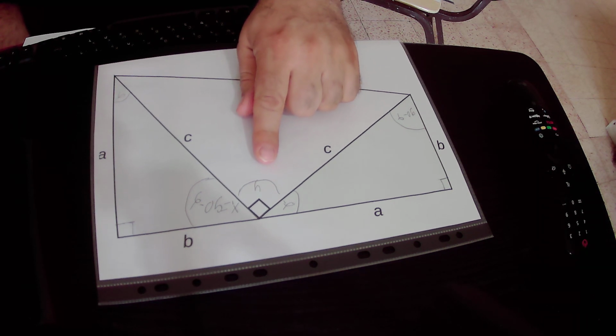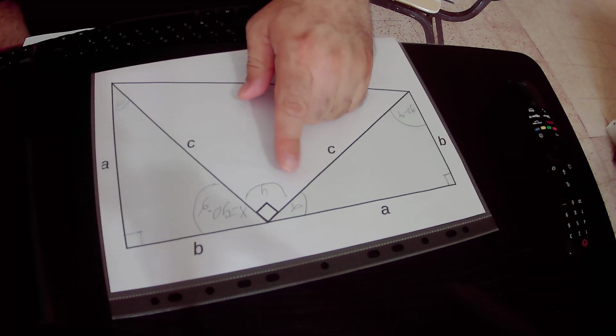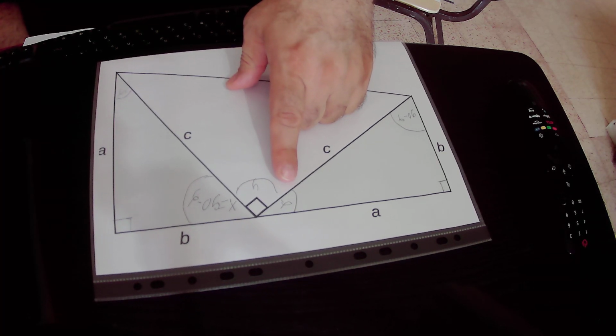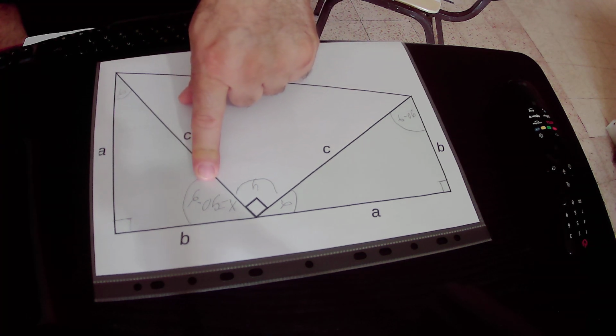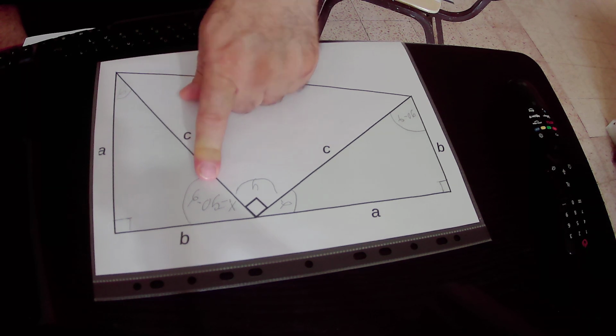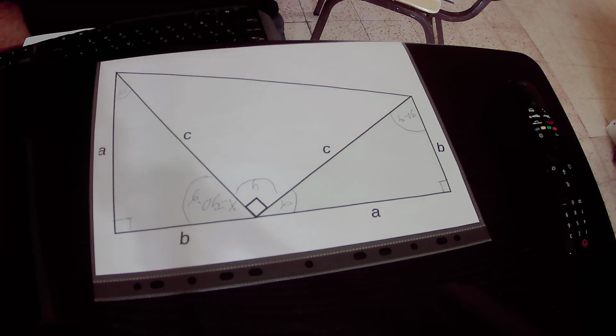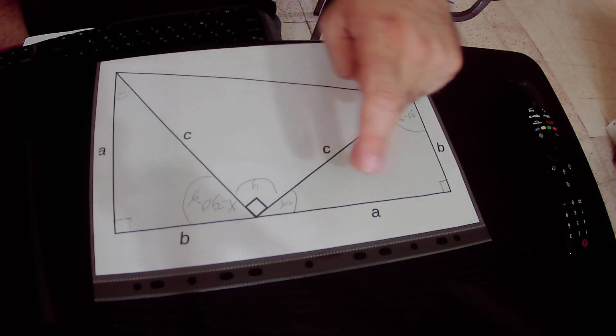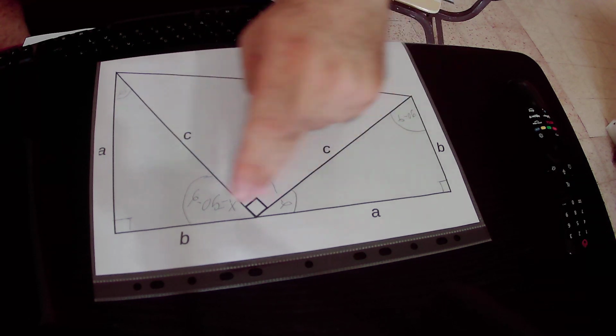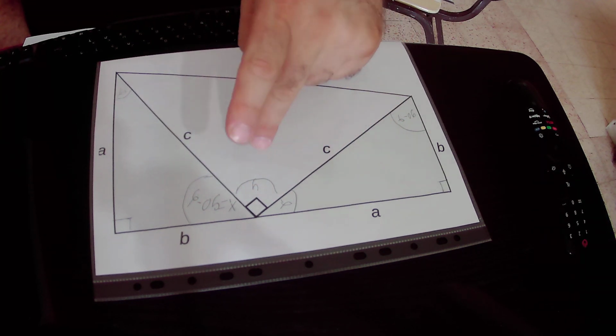We can say that alpha plus y plus x, which equals 90 minus alpha, is equal to 180 degrees because of the fact that the sum of the angles on a straight line is always 180 degrees.